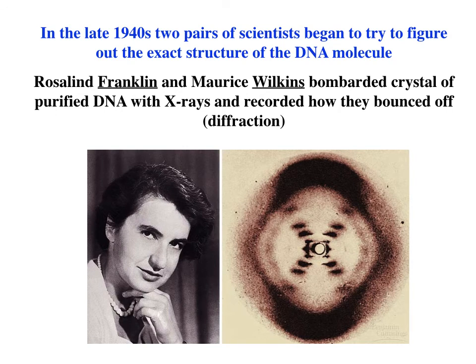The final discovery of the structure of DNA was made possible due to the research of two researchers, Rosalind Franklin and Maurice Wilkins, who in the 1940s used X-ray diffraction techniques to generate a whole bunch of data that were then used by James Watson and Francis Crick to eventually come up with the double helix model of DNA.